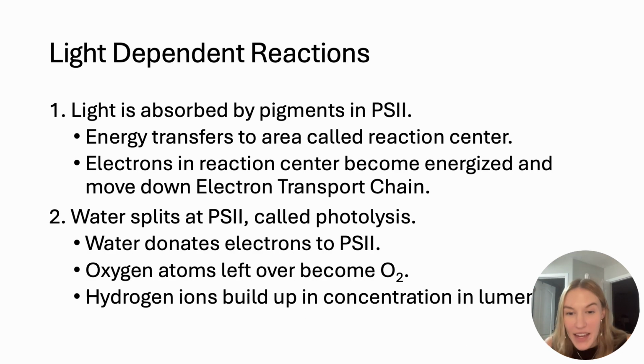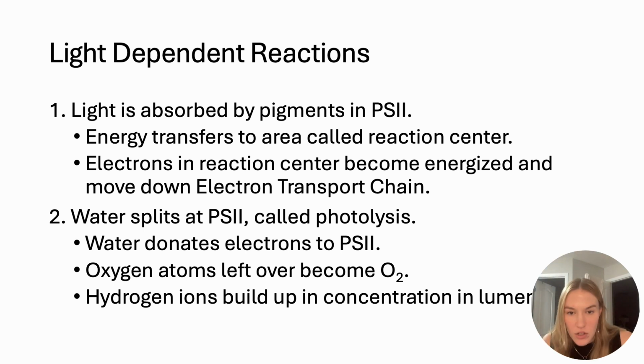So I asked you in class to write down these steps, but I thought it was more important that you're understanding what's happening when I was up at the board drawing it and explaining, just based on the images. The first thing that happens is light is going to be absorbed. A photon is going to hit photosystem 2, and then the energy is going to be transferred to the reaction center.